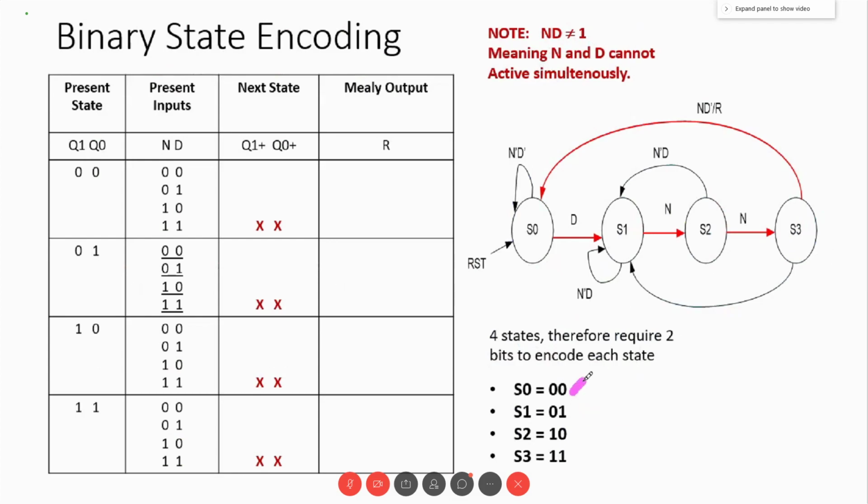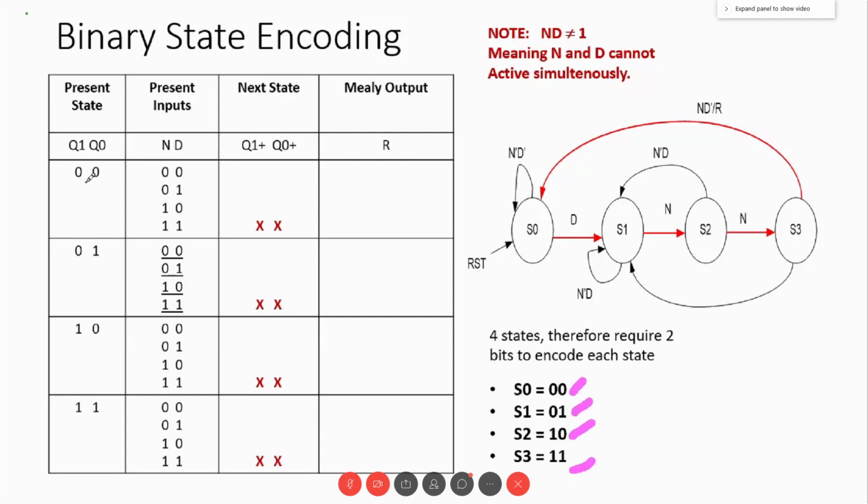So maybe S0 is 0, 0, S1 is 0, 1, S2 is 1, 0, S3 is 1, 1. If you use Gray binary encoding, that means S0 is 0, 0, S1 is 0, 1, S2 is 1, 1, S3 is 1, 0. Also can. Sometimes maybe better.